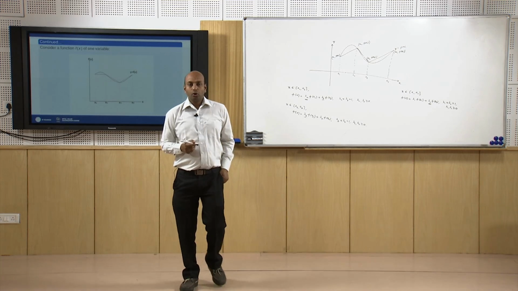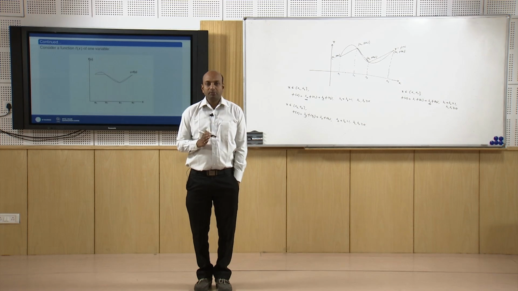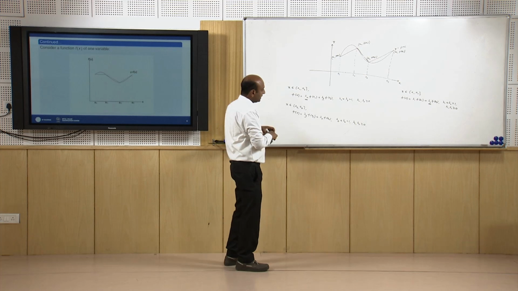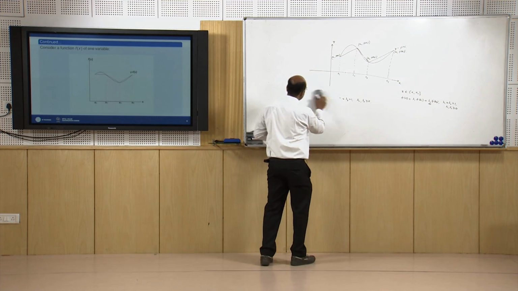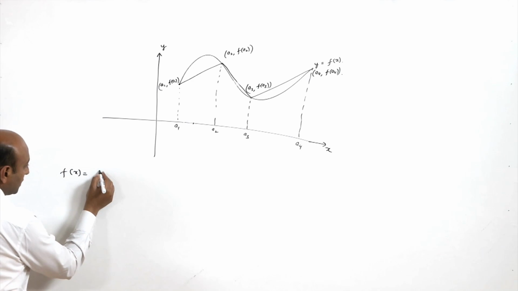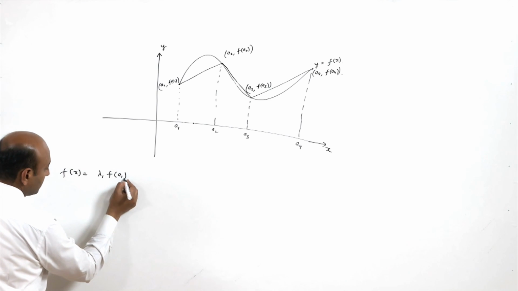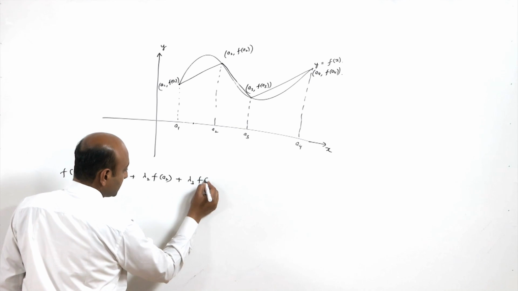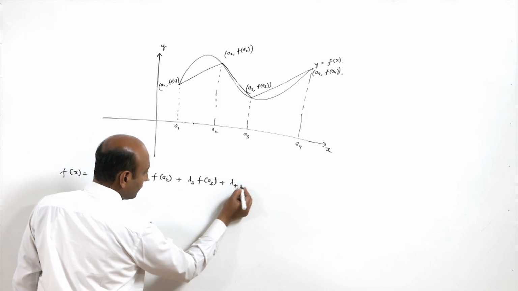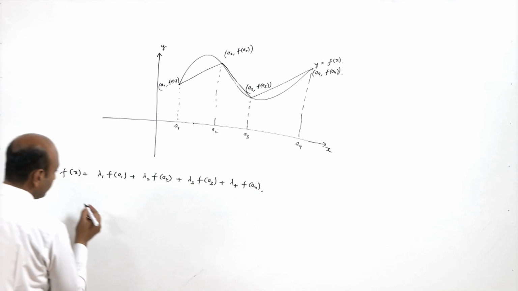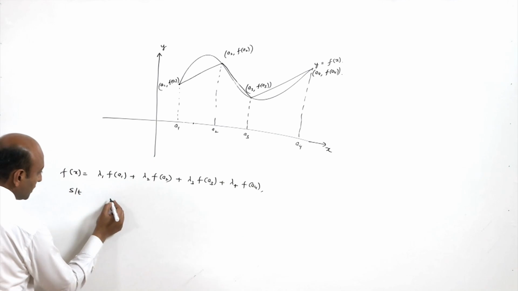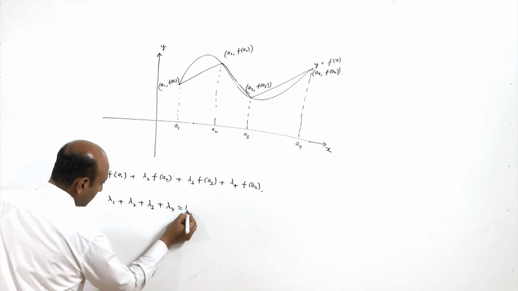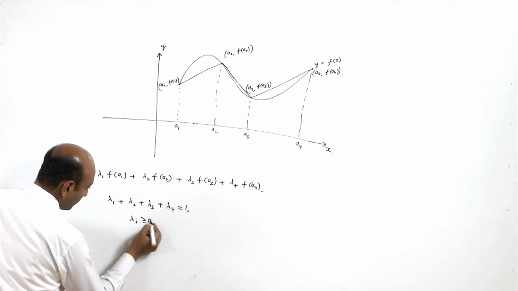So, what will be the linear approximation of this f? If you combine all the 3 terms, the linear approximation of f will be lambda 1 f(a1) plus lambda 2 f(a2) plus lambda 3 f(a3) plus lambda 4 f(a4), subject to lambda 1 plus lambda 2 plus lambda 3 plus lambda 4 equal to 1 and all lambda i's non-negative.